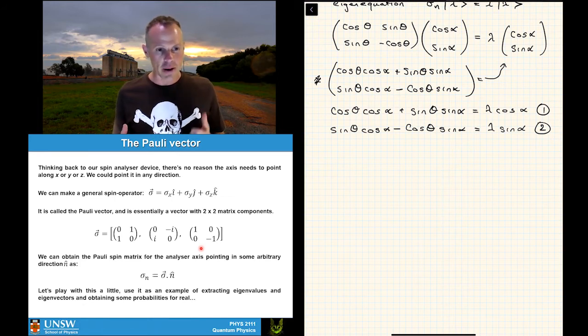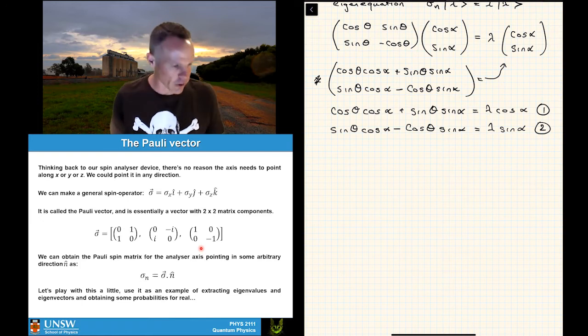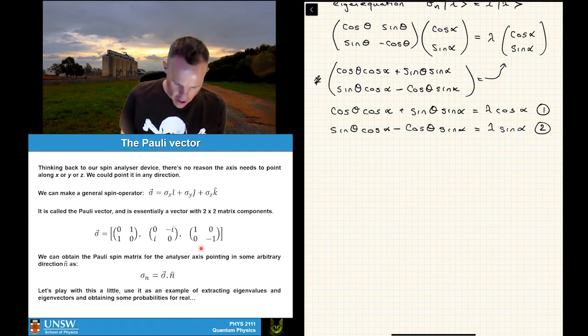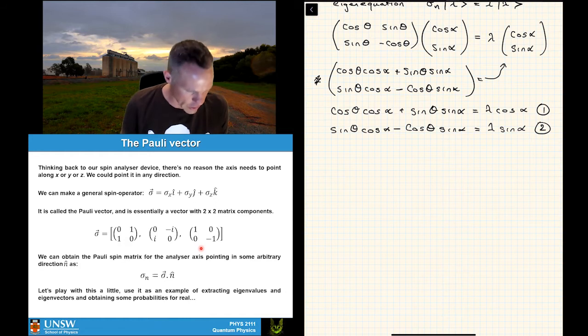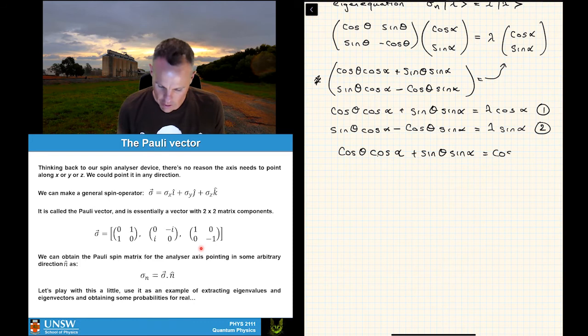At this point, we need some mathematical relations. In the last lecture, I talked about the book of maths. This is when I'd be reaching for my book of maths or the equation sheet on the front of the exam if it was an exam question. So what we're going to use here is two relations. One is that cos theta cos alpha plus sine theta sine alpha is equal to cos of theta minus alpha.